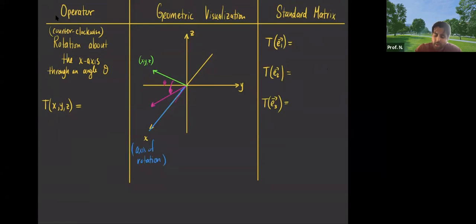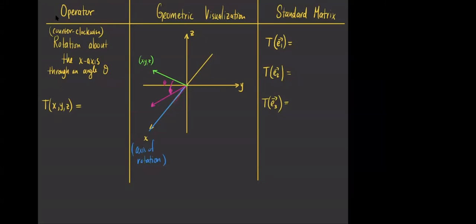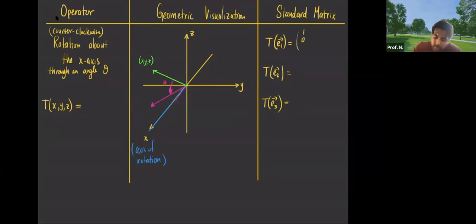If I take a vector that's on the axis of rotation and I rotate this vector theta degrees about this axis, what would be the result? It should stay the same, and it will: 1, 0, 0. So that's not the hard part. If you're on the axis of rotation and you rotate about that axis, you're still the same vector.